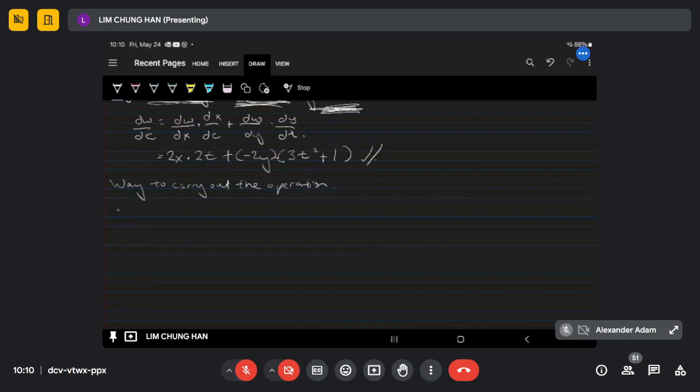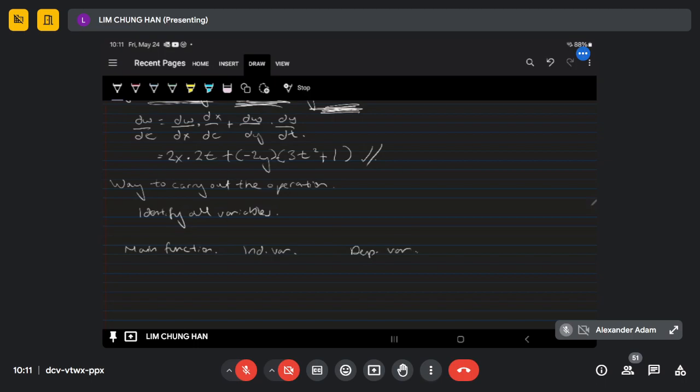First of all, you need to identify all variables. You need to know what's the main function, what are the independent variables, and what are the dependent variables.